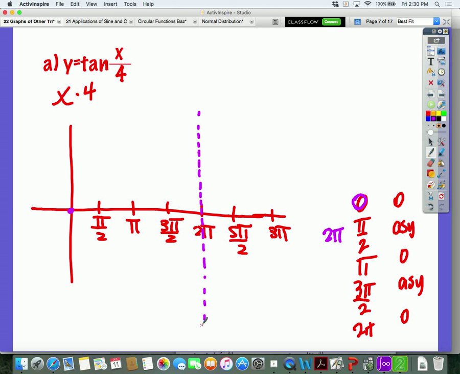So we know that for all tangent functions, just like we know that 0, 0, pi over 2, 1, pi 0, 3 pi over 2, negative 1, and 2 pi 0 are the points for sine. By multiplying the ones that are the zeros by 4, the outcome doesn't matter for your asymptotes. Only the ones that you have already identified as asymptotes, exactly, the product of that multiplication becomes the new asymptotes.